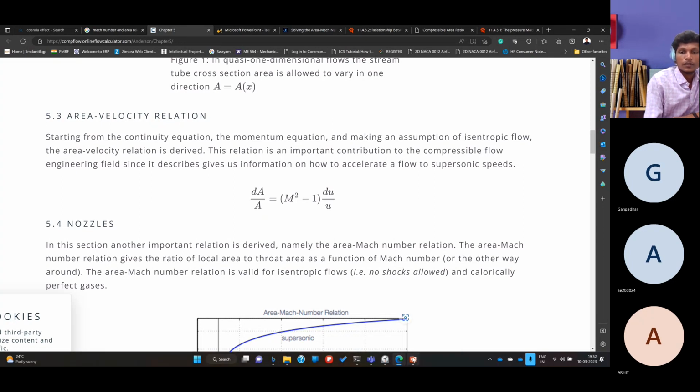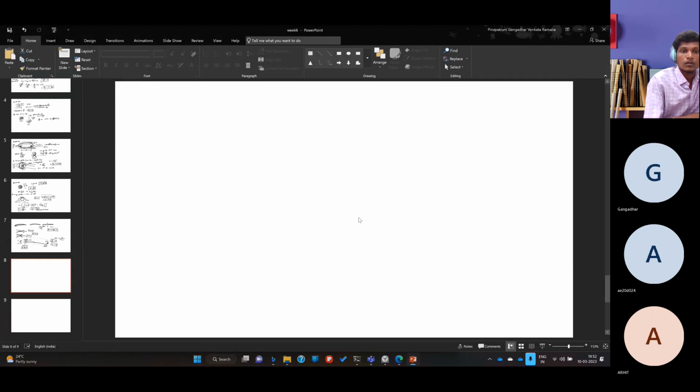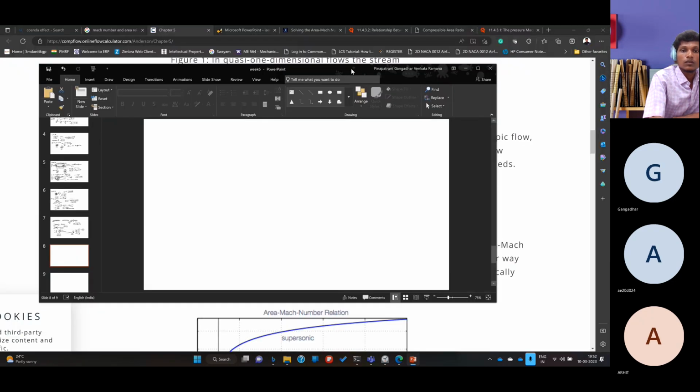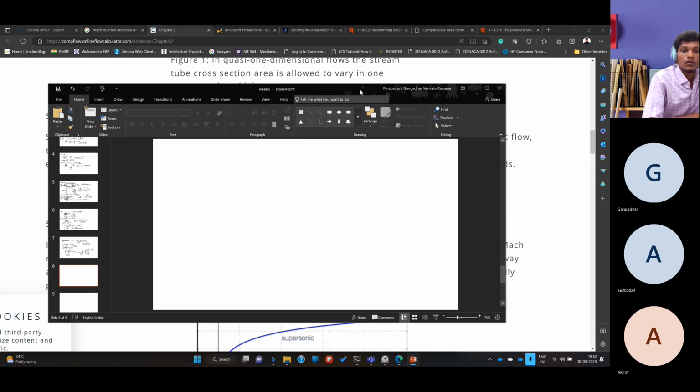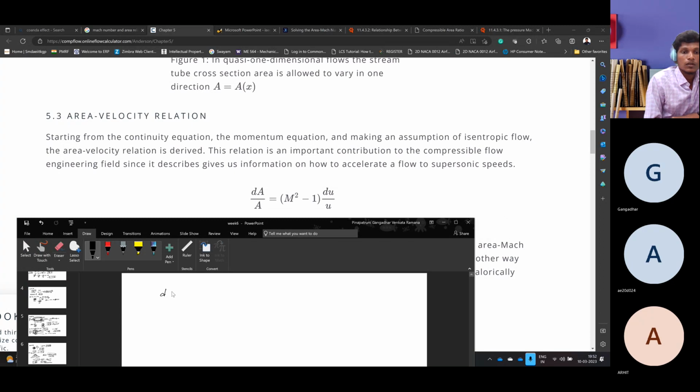I will just write it here. This equation is saying dA by A equals M squared minus 1 times du by u, right?